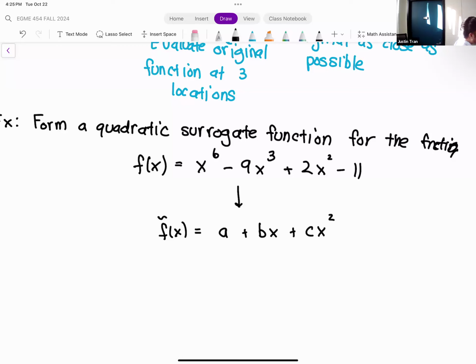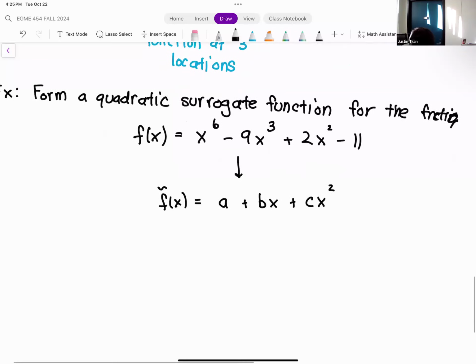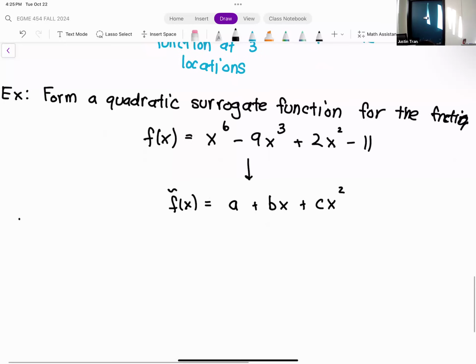Now, granted, it's going to be impossible to have it match one-to-one, just because it's fundamentally a different function here. But we want to get it to be as close as possible. And just like the tooltip above says, the way that we're going to do this is we're going to evaluate our original function at three different locations. And from that, we're going to form a system of three equations to solve for a, b, and c.